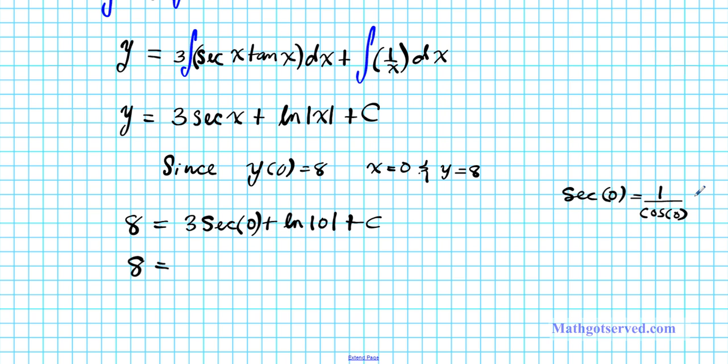So this is just going to be 1 over 1, which is just 1. So we have 3 times 1 plus the natural logarithm of 1 plus c. And then we have 8 is equal to 3 plus 1, which is 4, plus c. And then if we subtract 4 from both sides, we have c equals 4.